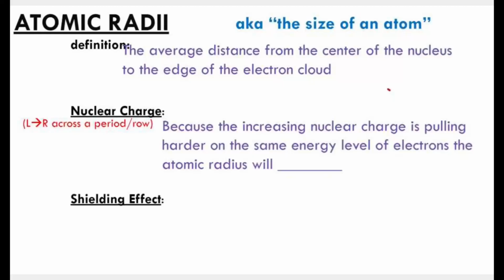Now, yes, we're adding more electrons, but those electrons are being added to the same energy level. So we're looking at a specific element, and as we add more protons to the nucleus, we're adding more electrons around the outside, but because those electrons are being added to the same energy level, they're not getting any farther away. So they're subject to feeling that pull of the nucleus. So it's really just the fact that the nucleus is getting stronger that's affecting our size.